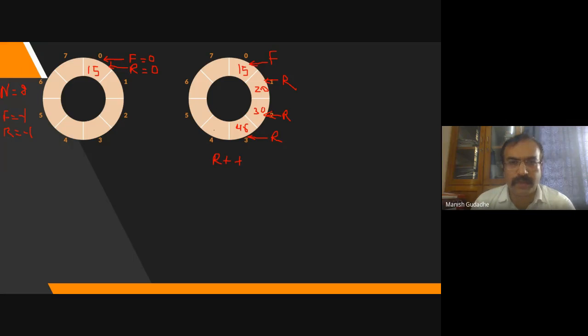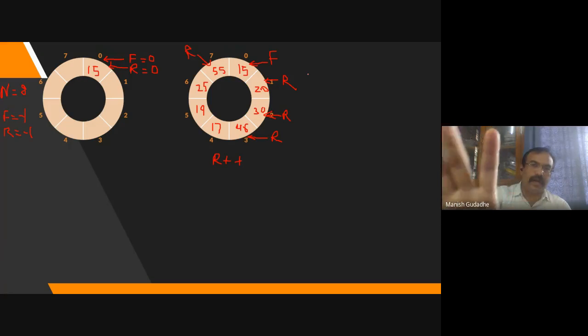Now next, we'll still add a few more elements. So at this moment, what will be the case? R will be pointing to the last. R has attained the maximum size of the circular array.